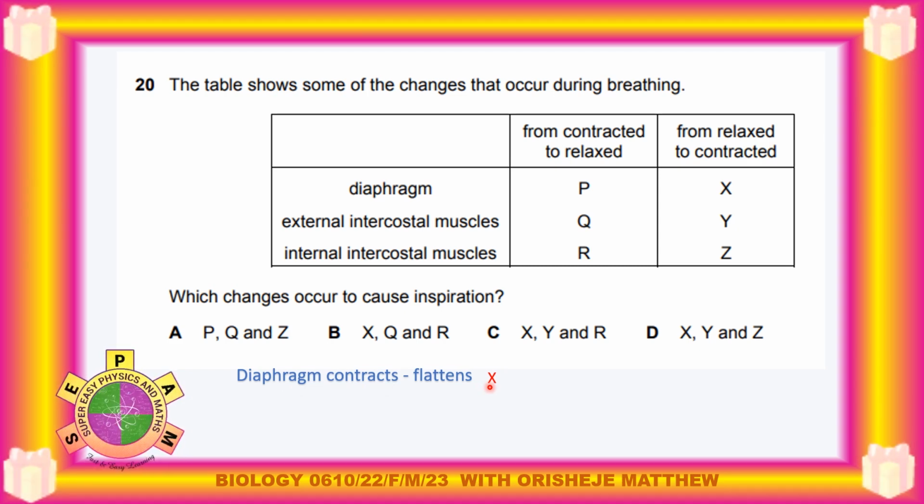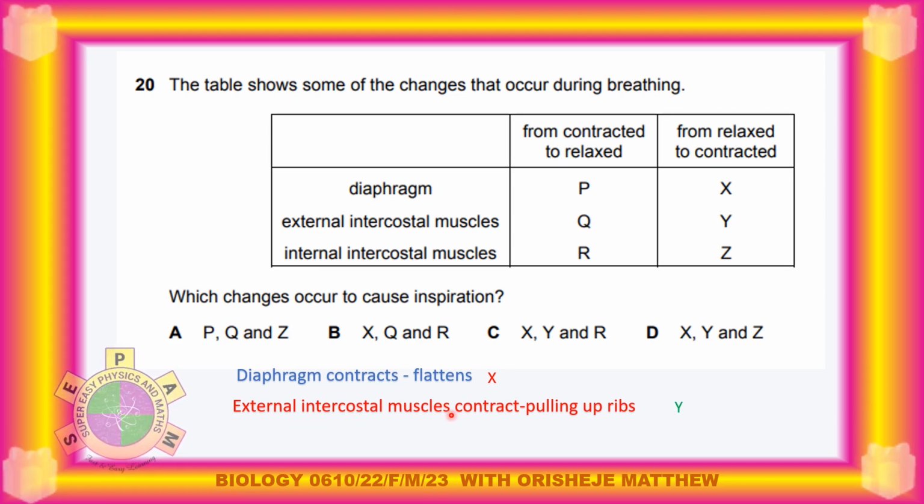And for the diaphragm to be able to flatten, what is going to happen? Let's look at the intercostal muscles. The external intercostal muscle is going to contract to pull up, so your ribs will rise. Your chest rises, and the diaphragm will also contract.